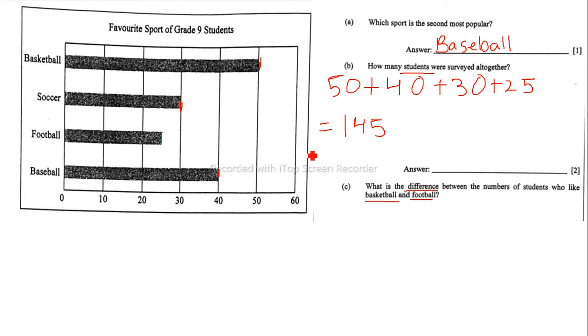25 people difference. Because it's going to be 50 for the basketball minus 25 for the football. So 50 minus 25 is what?